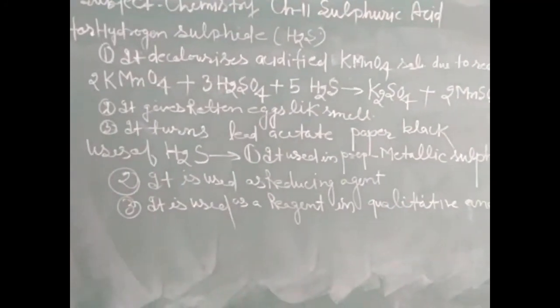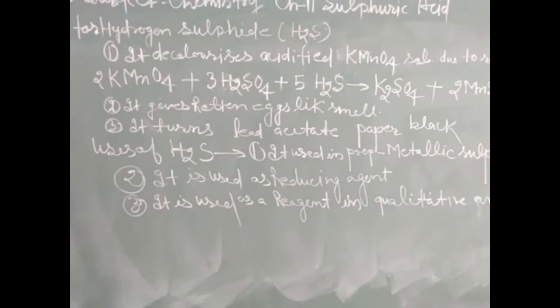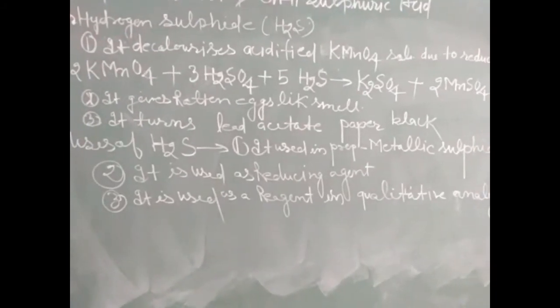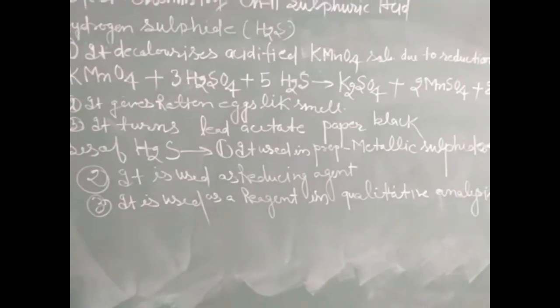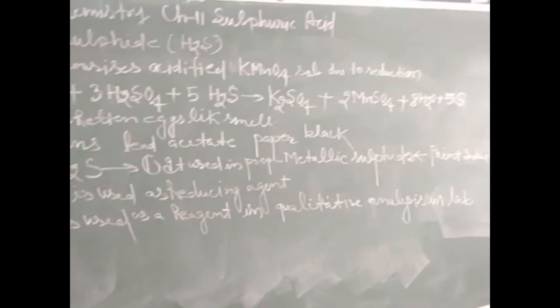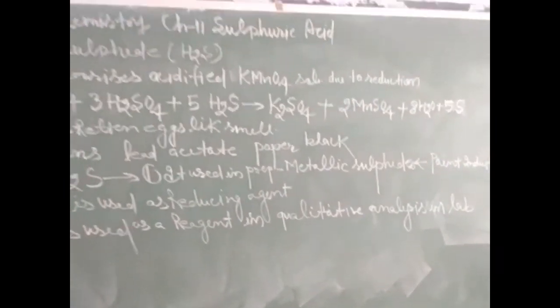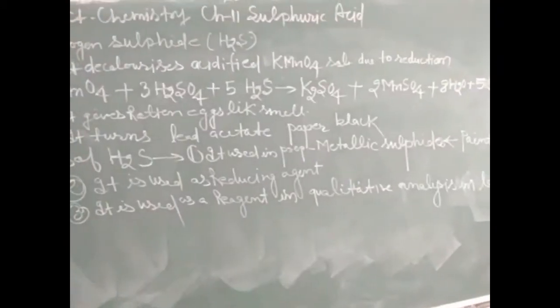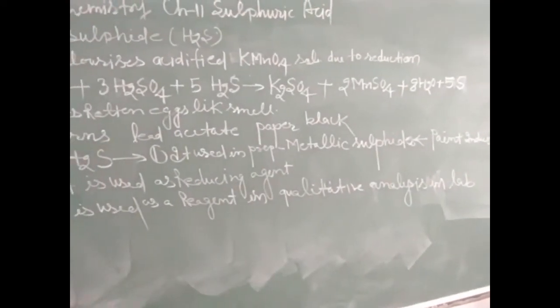We can watch its reaction: potassium permanganate containing sulfuric acid, that is acidified, that's why sulfuric acid is mixed here, and hydrogen sulfide gas is passed, then formation of potassium sulfate, MnSO4 manganese sulfate, along with formation of H2O and sulfur will take place.